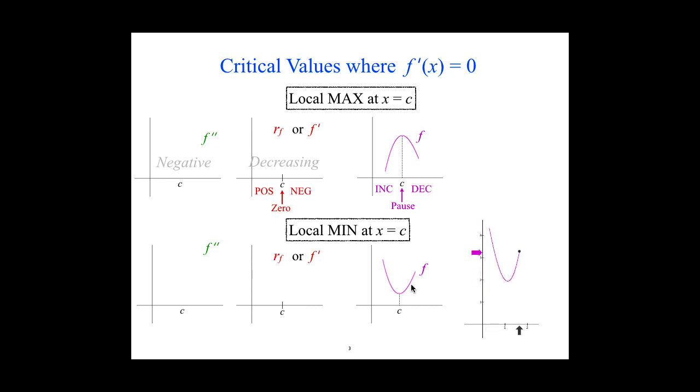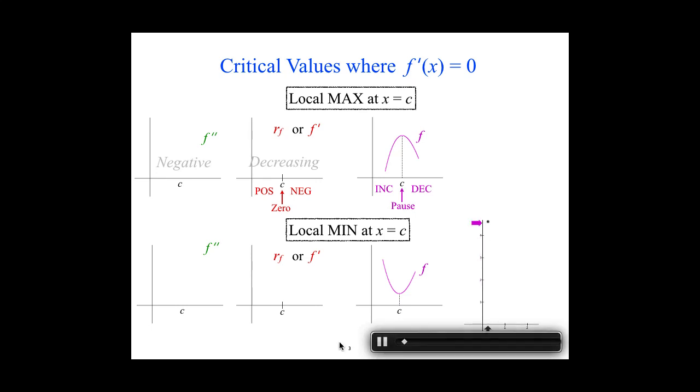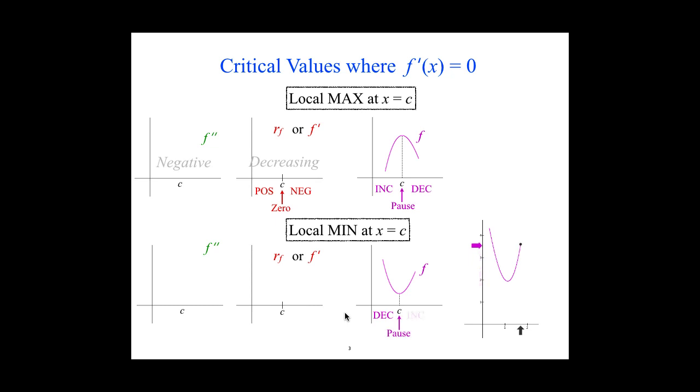All right, so just thinking about f, as I go from left to right, I've got y values that decrease, kind of pause for a moment almost, and then increase. Decrease, pause, increase.